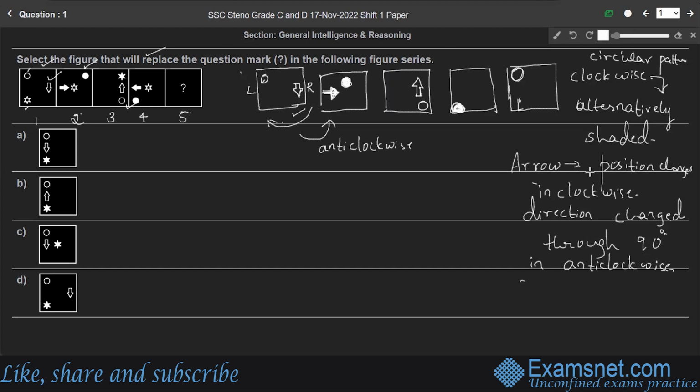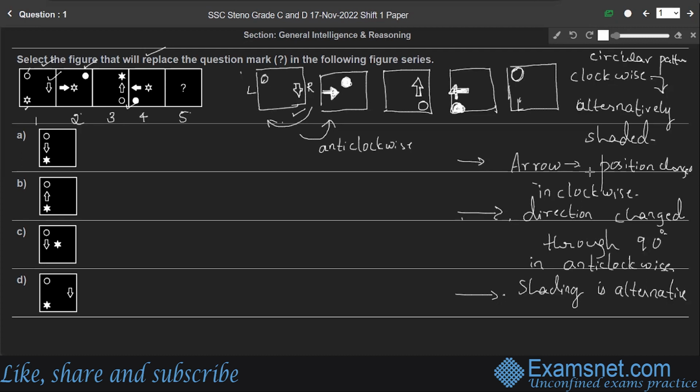So we'll consider shading also. Shading is alternative. These are the three criteria in the arrow mark. Therefore, in the fourth figure, its position should be in the left position. This should be shaded and its direction is leftwards.